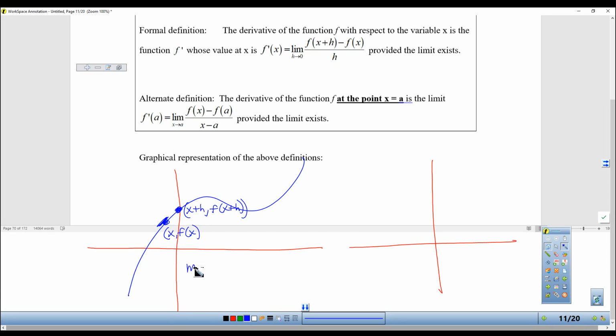But then when you went to do your slope, f of x plus h minus f of x over x plus h minus x, if you actually let h be 0, if you tried to trick it into being the same point, you'd get h on the bottom, which you can't have. And that's why we learned limits.